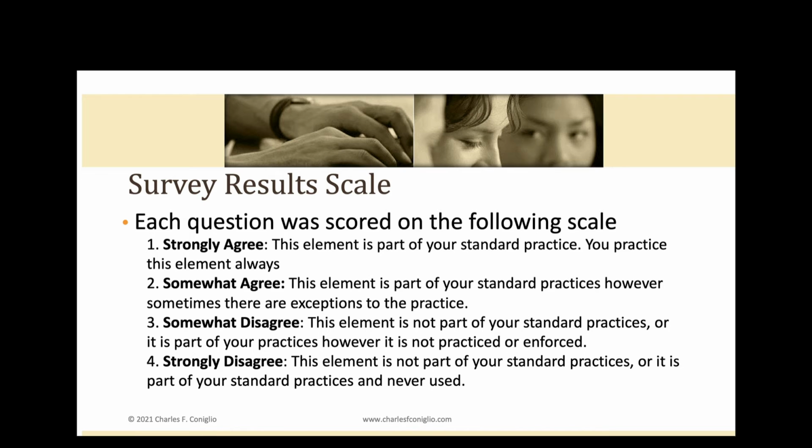The wording was set up to determine if the human resource business practice was a standard practice and if it was always followed. If the respondent answered with a 1 or 2, it indicated that it is a standard practice for them and it is followed completely or with some exceptions. If they scored a 3 or a 4, then that element could be a standard practice, but it was not practice at all.